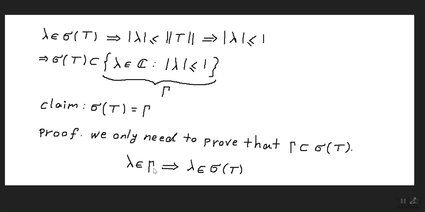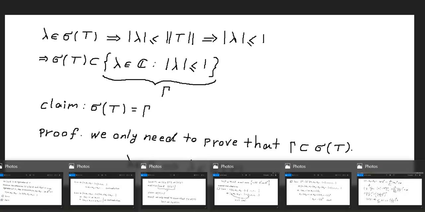So we have to prove that if lambda belongs to gamma, then lambda belongs to the spectrum. But look here, the operator does not have any eigenvalue, so this lambda cannot be an eigenvalue. So what kind of lambda is this? Look at the next page.